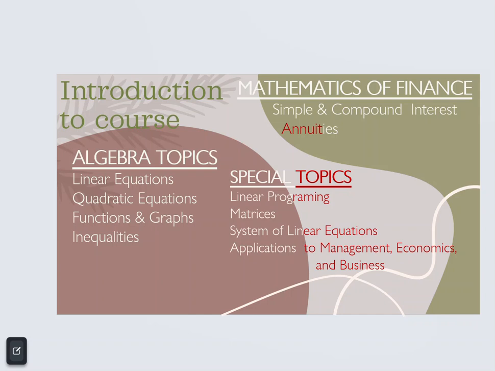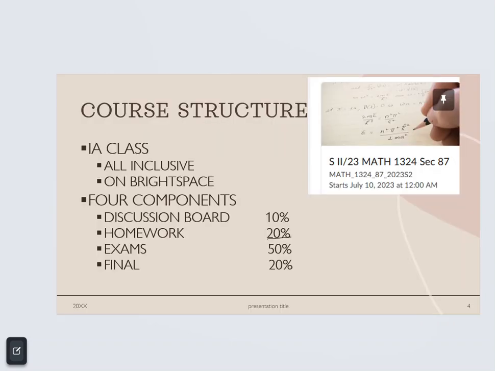Annuities are investments in retirement plans or insurance policies to help you prepare for the time that you no longer work. The special topics are linear programming, matrices, system of linear equations, applications to management, economics, and business. And those, again, are preps for Cal.